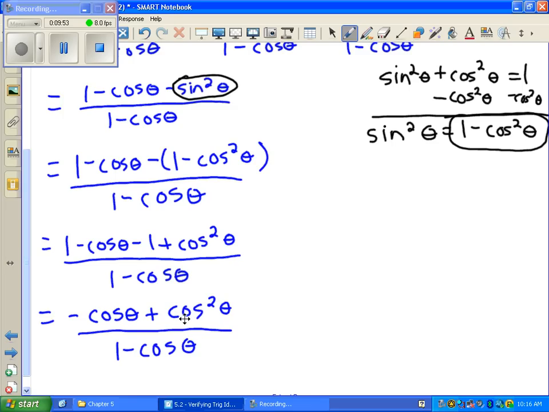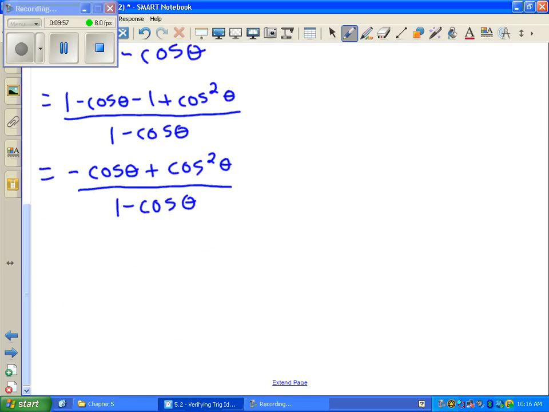Now, I see I can factor out a cosine. If I factor out a negative cosine, I will end up with a positive 1 and a negative cosine here, which is exactly what I need.